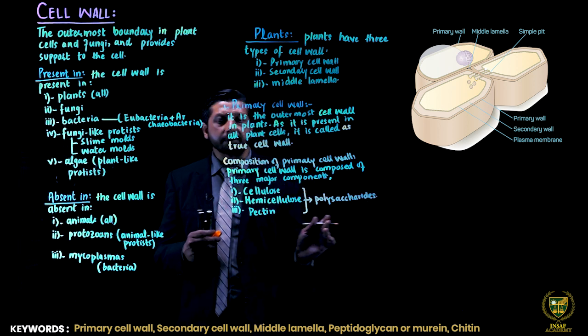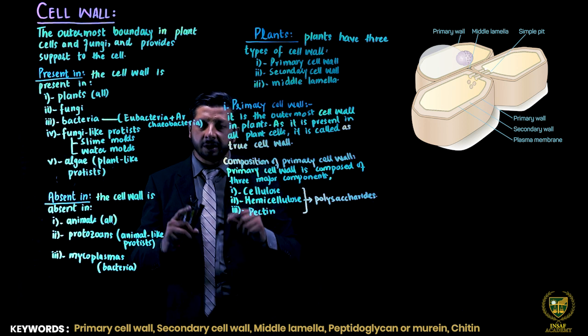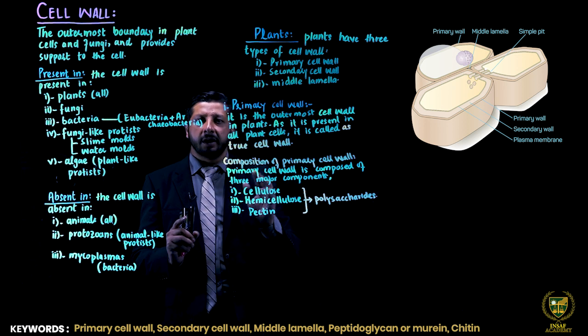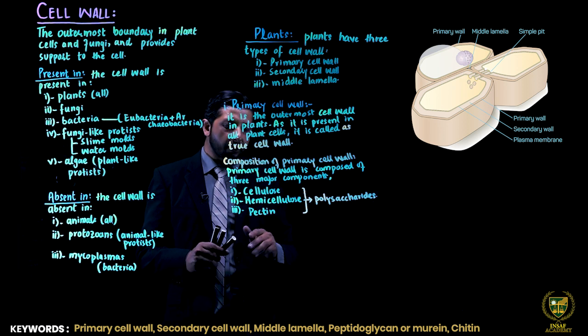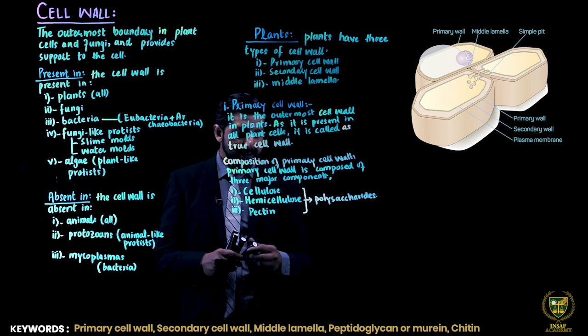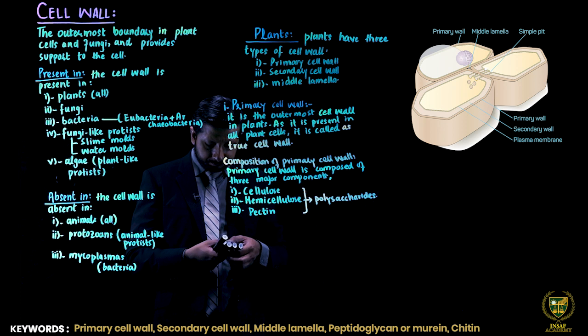In chapter number 2, we have discussed in detail polysaccharides के examples आपको याद आ गई होंगी. Cellulose, hemicellulose, and pectin, and lignin, and cutin, and dextrin. All these were the examples of polysaccharides. So these three polysaccharides, they make the primary cell wall.